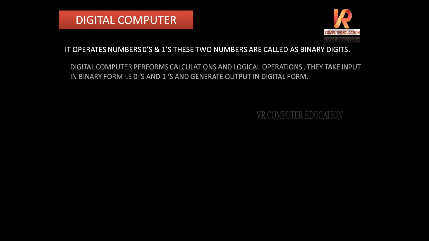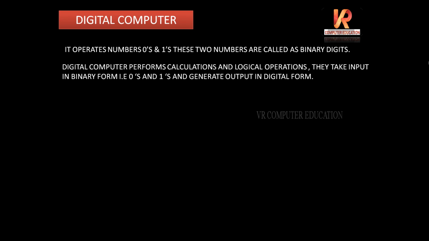Now the digital computer operates on numbers, zeros and ones. See, everything now is digital only, right? These two numbers are called binary digits. So in computers, these zeros and ones are called binary digits. A digital computer performs calculations and logical operations.